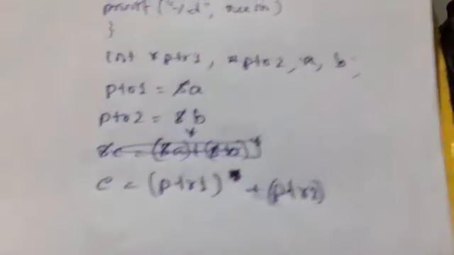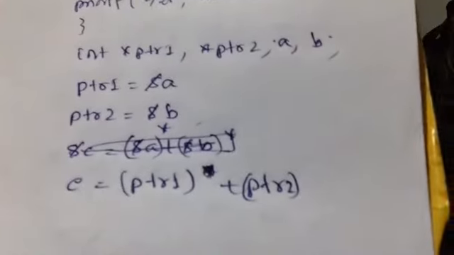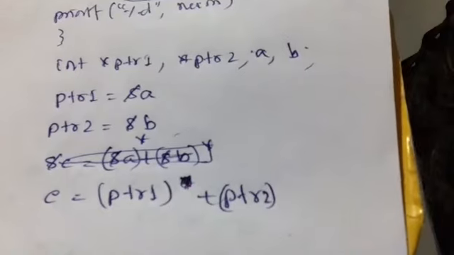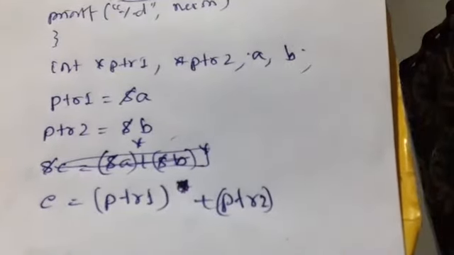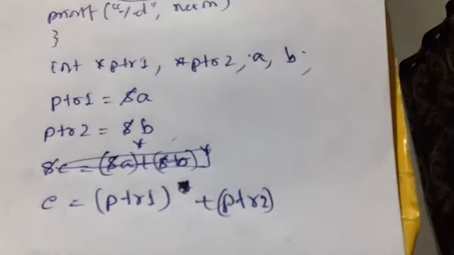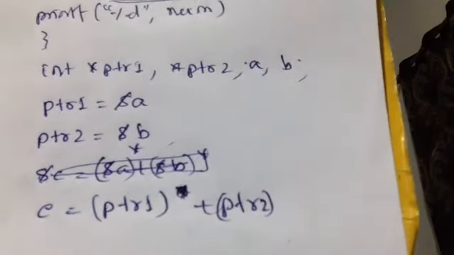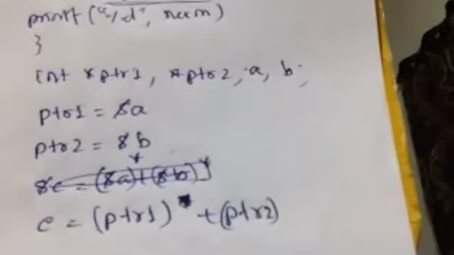I put the variable C equal to PTR1 plus PTR2. Then what will it give? Sir, address of A plus address of B. But what are we looking for?